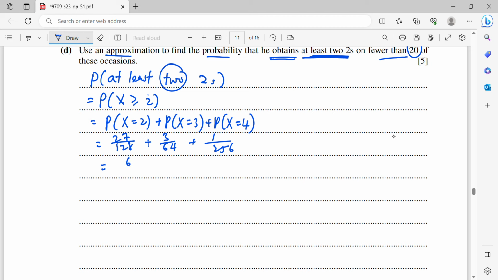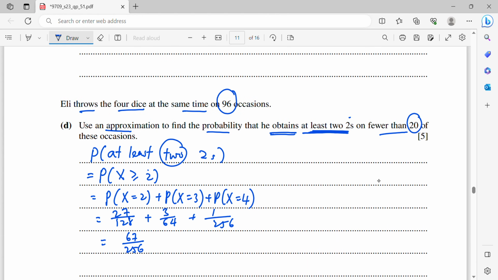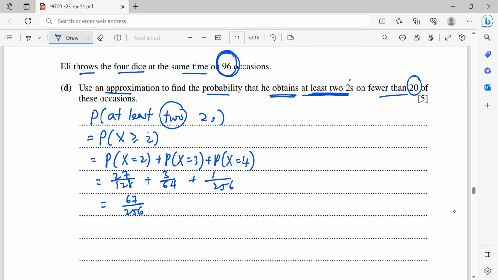Then it will be 67 over 256, which means to get at least 2 twos, the probability will be 67 over 256. And now he is tossing, this is out of 4 dice, right? When he tossed 4 dice, the probability of getting at least 2 twos is this probability. And now he is tossing for 96 times, each time with 4 dice. And now you need to get the probability that less than 20 times he will get this at least 2 twos.